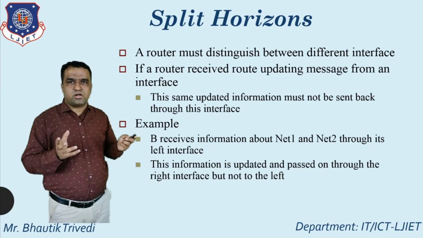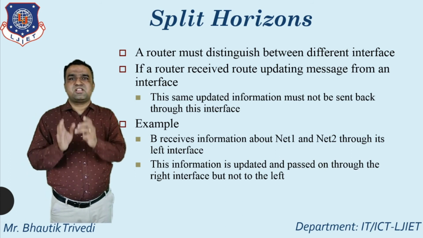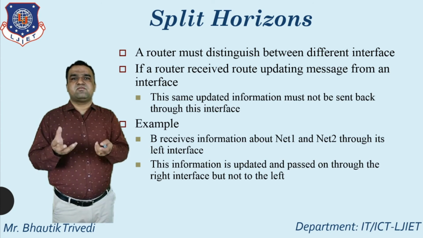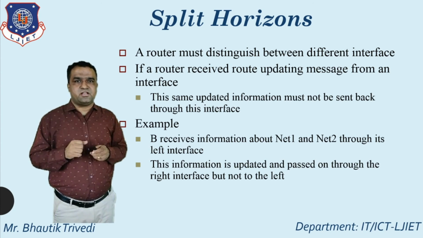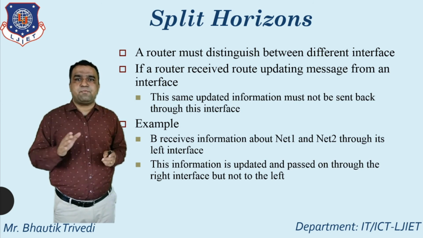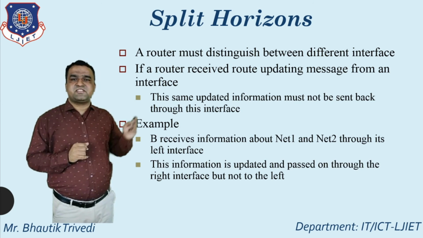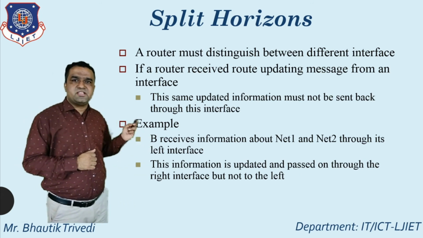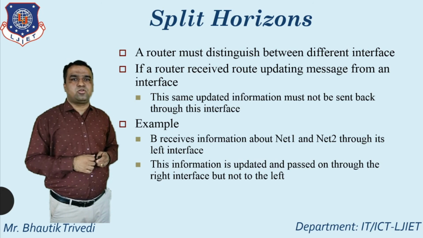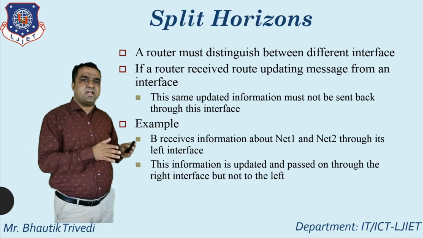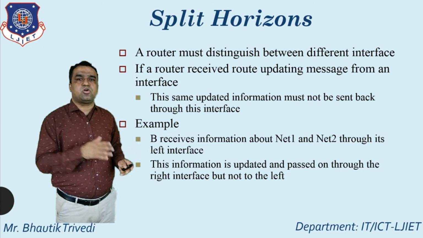Split horizon means what? A router must differentiate between the different interfaces. If a router receives an update message from an interface, the same updated information must not be sent back through this interface. That is split horizon. Here you just see the example. B received the information about net 1 and net 2 through its left interface, but this information is updated and passed on through the right interface but not to the left.